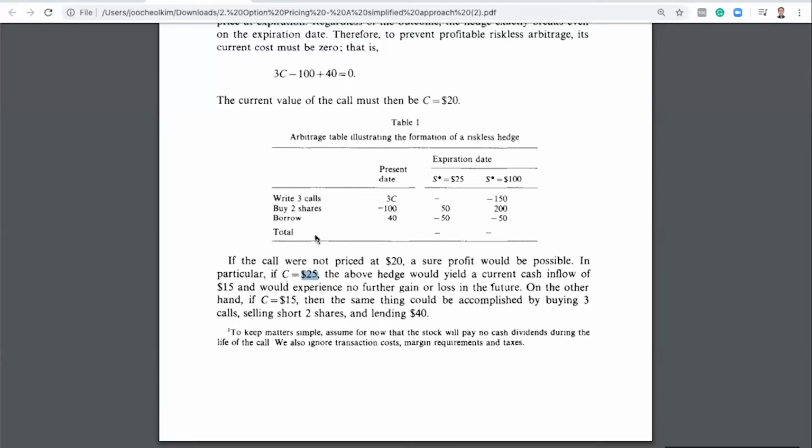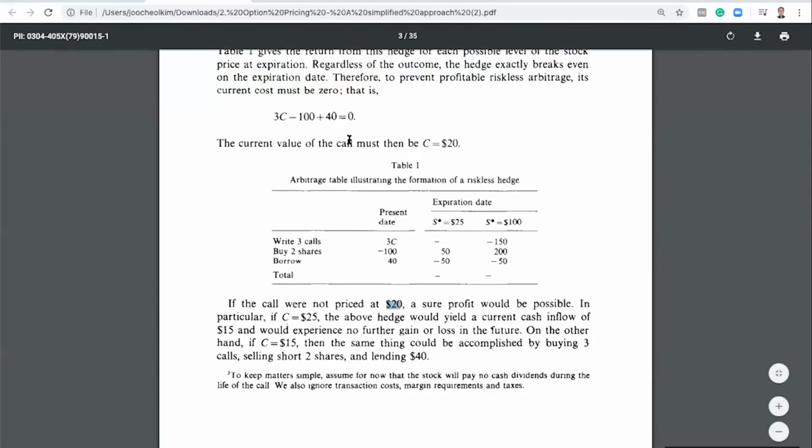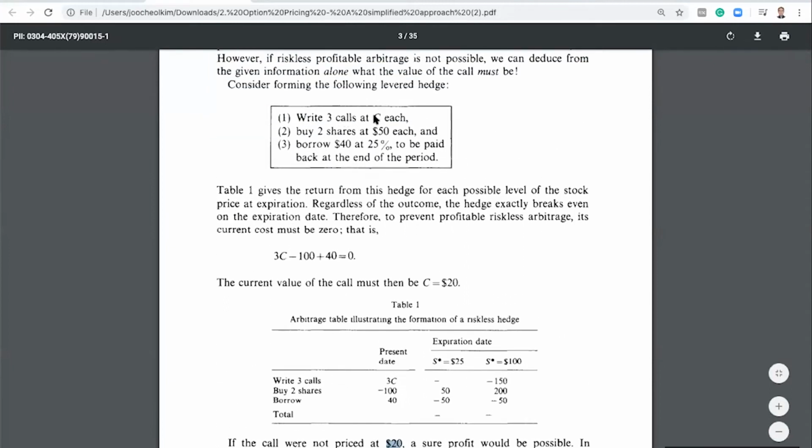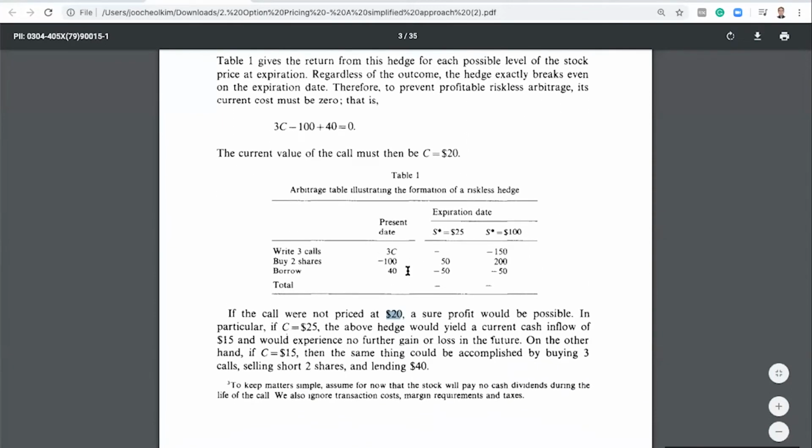Because it should be $20 for one call option, but it's $25, that's great because it's expensive. It's higher than the no-arbitrage value, so you are going to sell. This portfolio sells 3 call options.